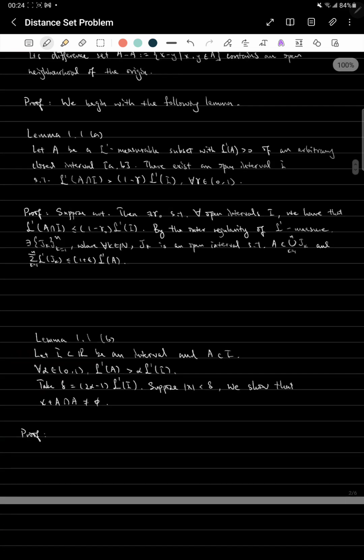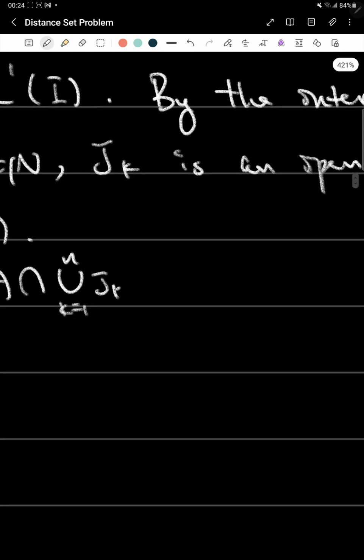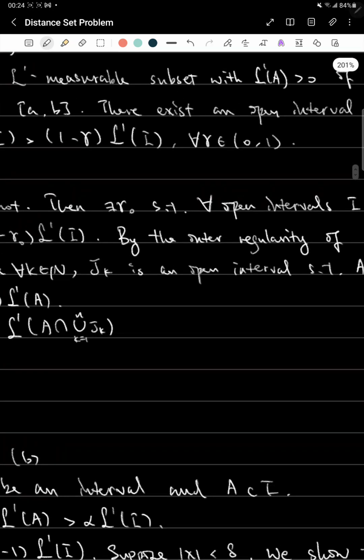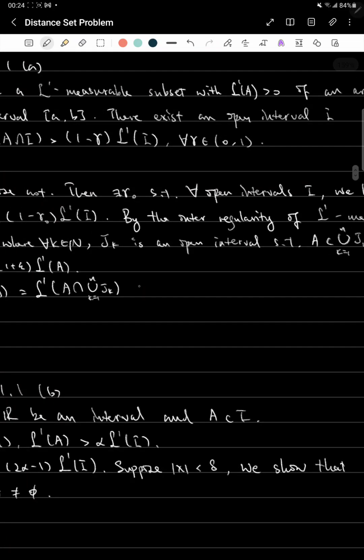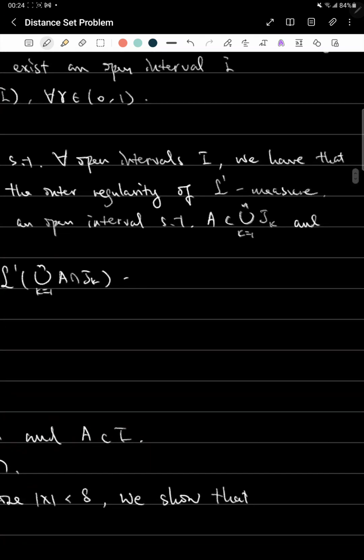And what would happen? The Lebesgue measure of A is actually the Lebesgue measure of the intersection of A and something which covers it up. And to break it apart, we use some basic rules of set theory and some basic inequalities of measure theory.